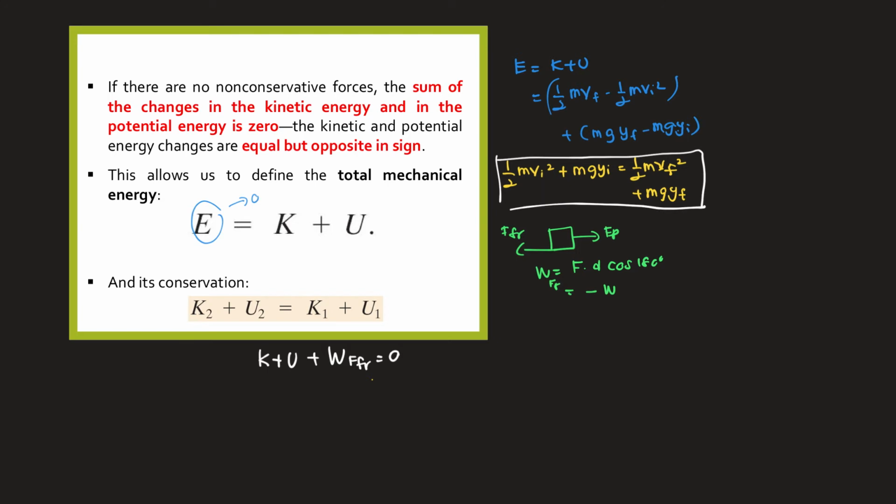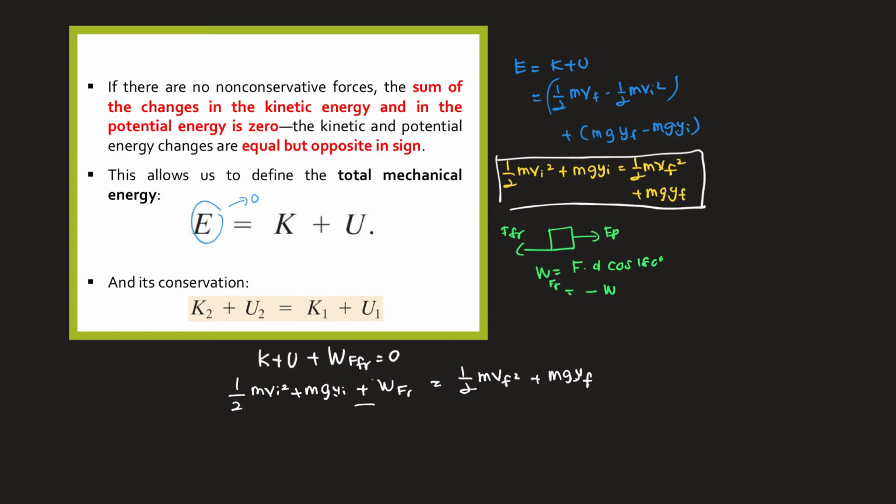So I put it as half mv initial squared plus mg y initial plus the work done by frictional force equals half mv final squared plus mg y final. Here I put it as positive because I didn't put the cos theta yet. If you put your work done by frictional force on the initial side, you need to understand it is going to be negative.